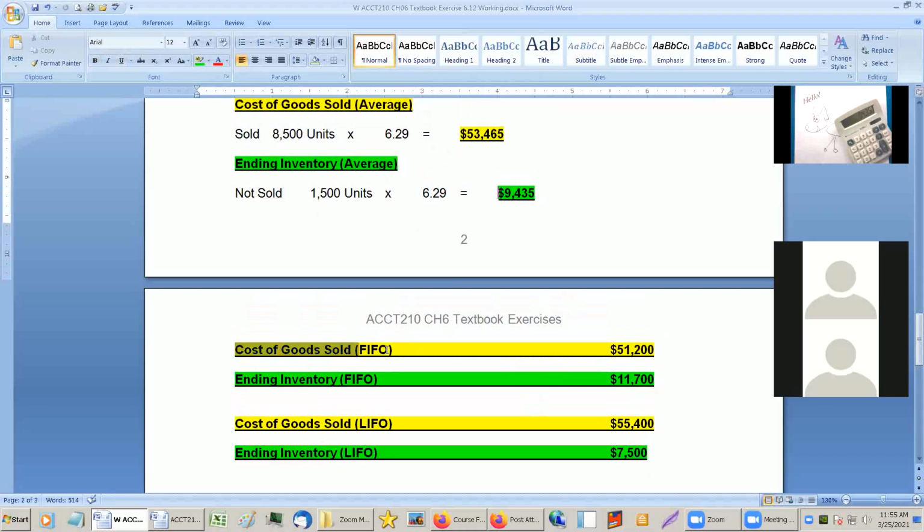And notice that FIFO will usually have the lower cost of goods sold, higher income, and higher ending inventory. And it's the opposite for LIFO.